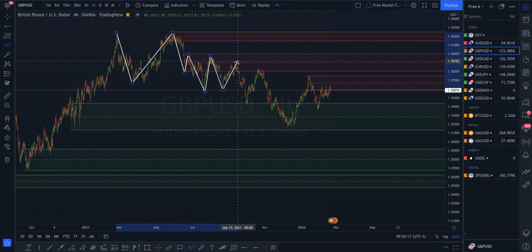We have a lower high, lower low, lower high, lower low, lower high, lower low. Now watch this: a lower high, higher low, a higher high, a higher low.